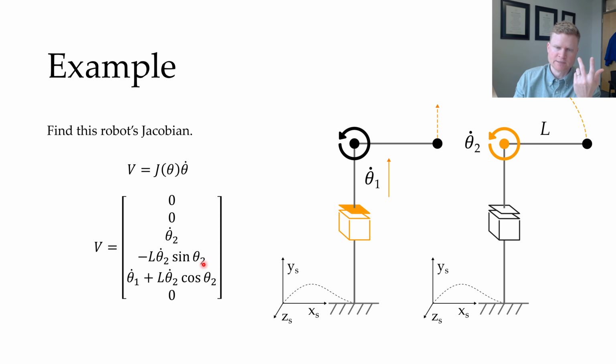Sine will be 0 because it's at 0 degrees, and I'll just be left with L theta 2 dot, and this will be 1. So I don't know if that all makes sense immediately, but if you look at this yourself and just go through these steps, hopefully you can convince yourself that yes, this linear and angular velocity matches what I would expect for this specific robot arm.